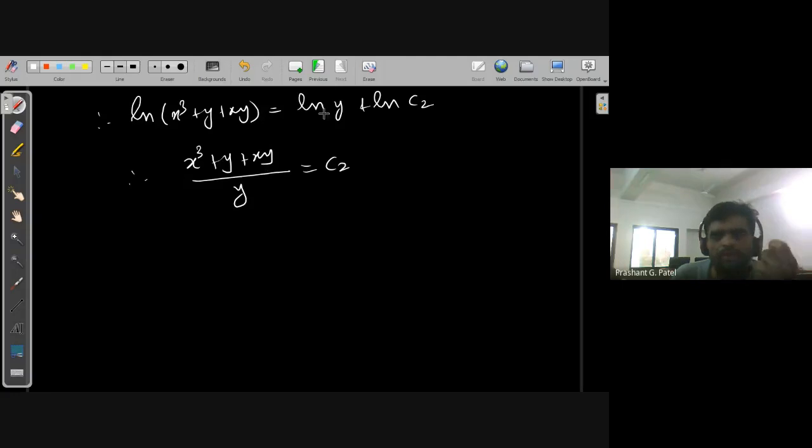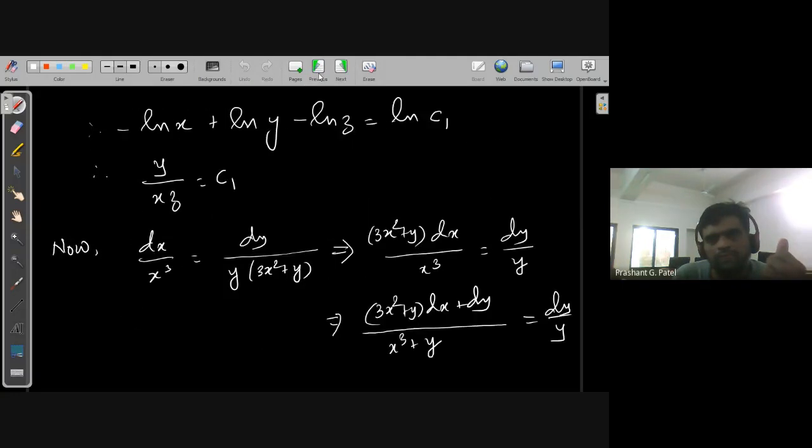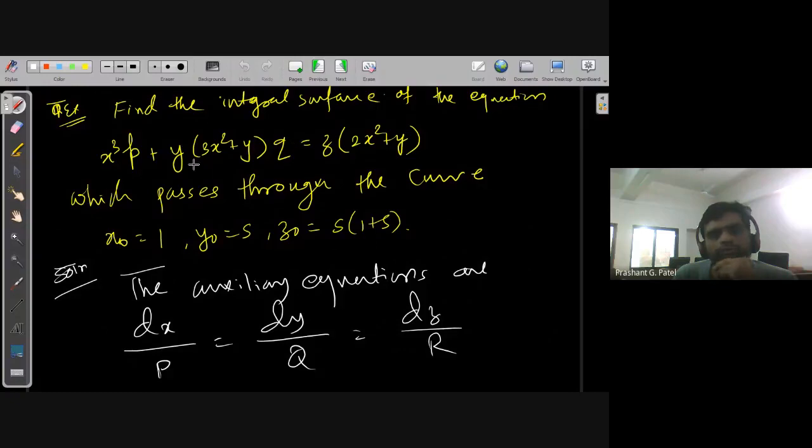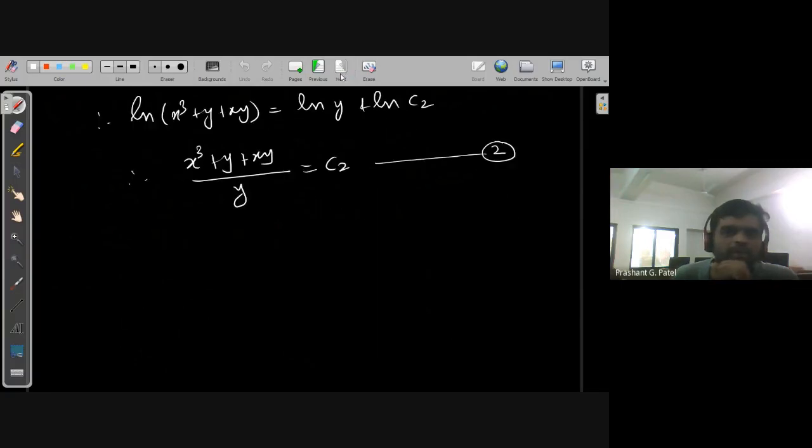So we have now two equations. This is the second one and this one is the first one. We need to obtain the solution of this PDE passing through this curve. So for that I need to substitute these values of x0, y0 and z0 into these equations.